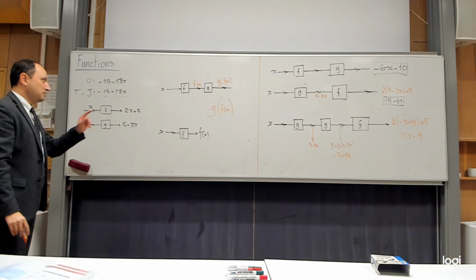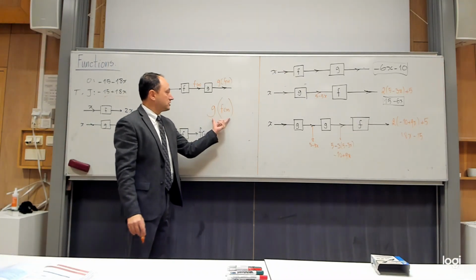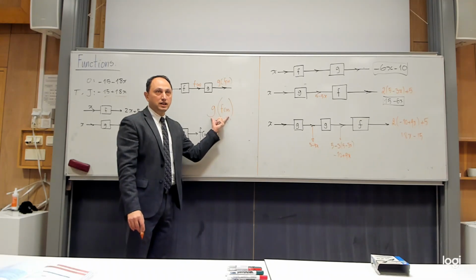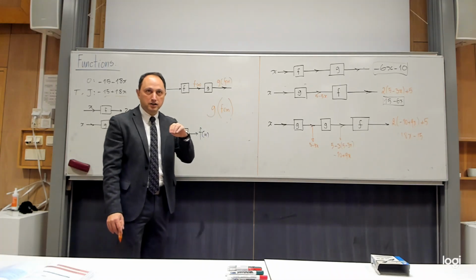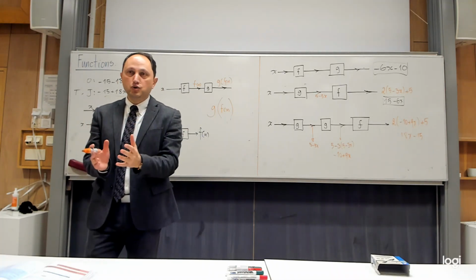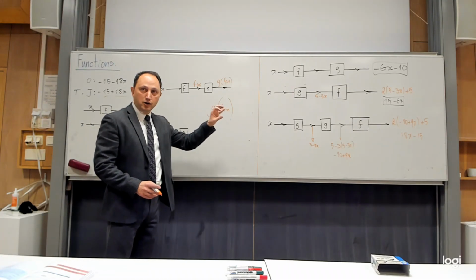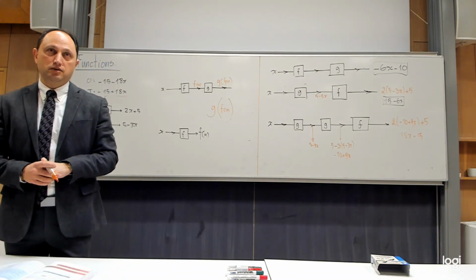So remember that there are some exercises in the book that ask you to calculate this. Don't get confused. Which one should apply first? The inner function. f gives you an output. The second function will apply on the output coming out from the first function. Is that right?